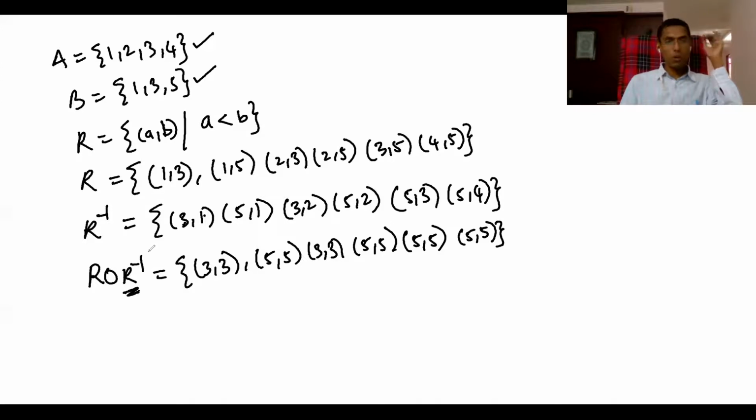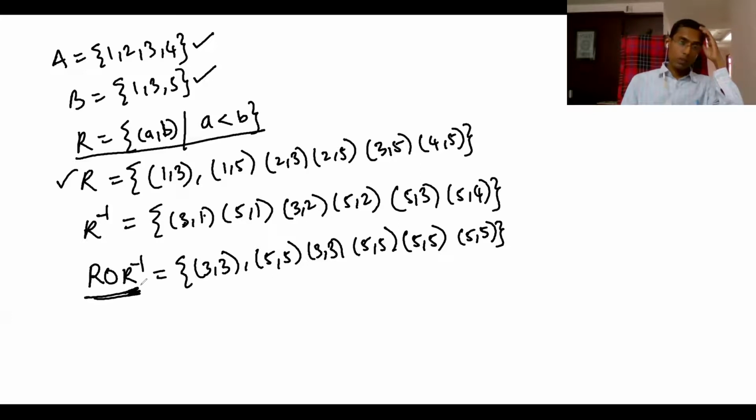So R is defined like this: A comma B such that A is less than B. A you take from the first set, B from the second, because it is a relation from A to B. 1, 1 won't come because 1 less than 1 isn't satisfied. 1, 3 will come, 1, 5 will come, like that 2, 3, 2, 5, 3, 5, 4, 5. This is R. R inverse is simply its reverse.